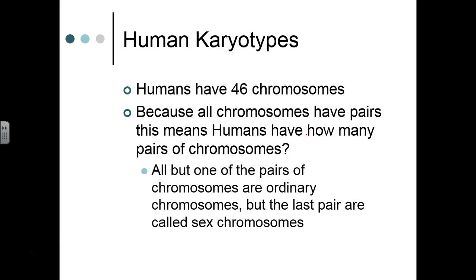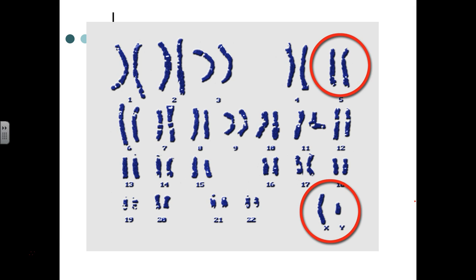So because all chromosomes have pairs, this means humans have how many pairs of chromosomes? All but one of the pairs of chromosomes are ordinary chromosomes. The last pair are those sex chromosomes, or the XY pair. So this is an autosomal pair, where these are the same, so the exact same genes on each chromosome, but perhaps different alleles.